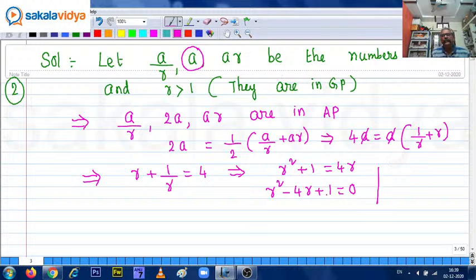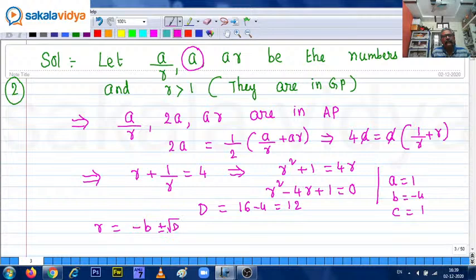Here, if you compare to ax square plus bx plus c equals 0, r square coefficient a is 1, b equals minus 4 and c equals 1. First find the discriminant, b square minus 4ac, 16 minus 4, that will be 12. So r equals minus b plus or minus root D by 2a.